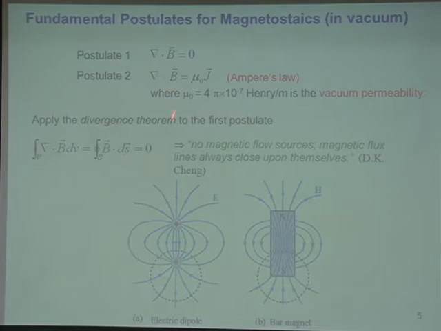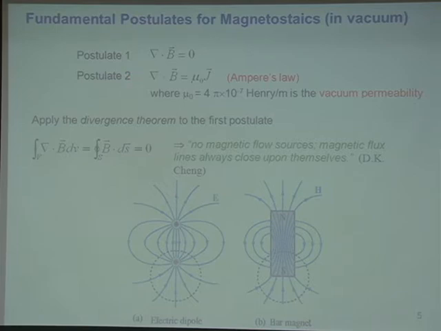OK， 并不是说 postulate 就是颠扑不破的，然后你就永远必须要拿它当做是无法解释的东西。Well, so the first postulate now give you a quite clear physical picture that the magnetic field line will always come back. Okay. How about the second postulate?